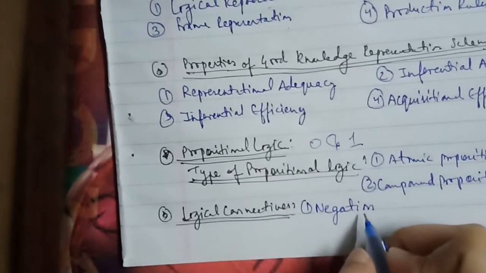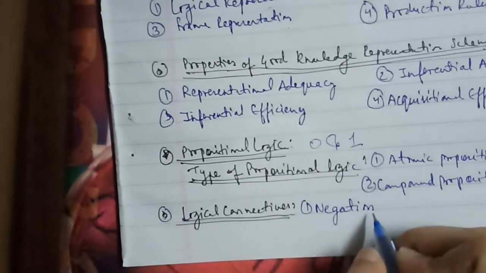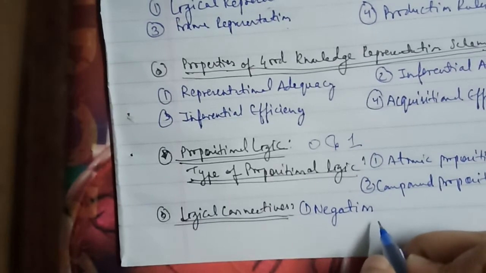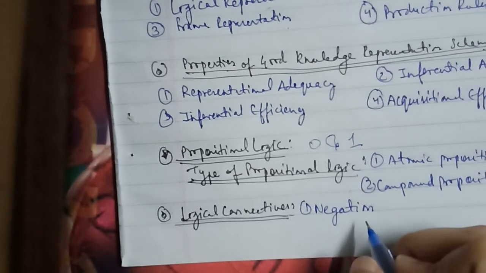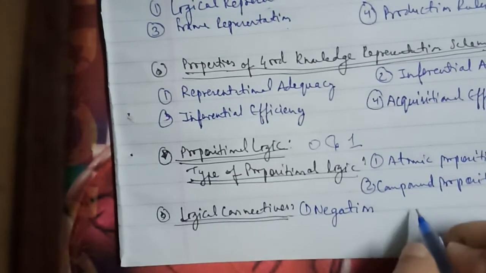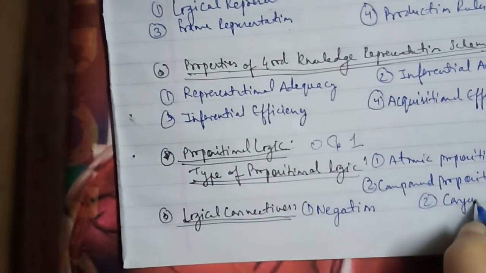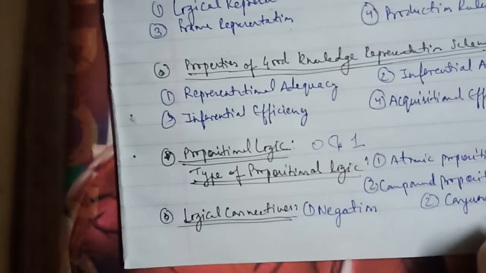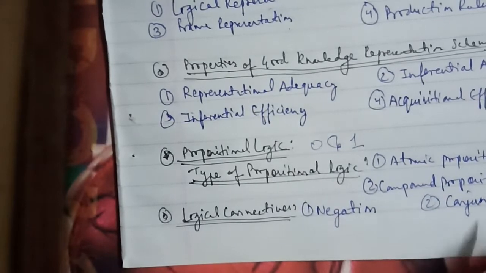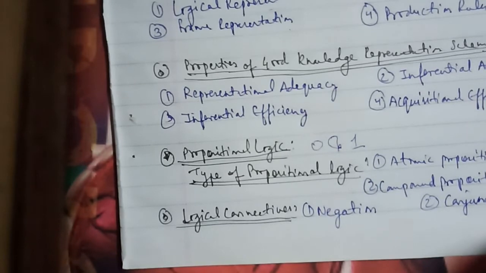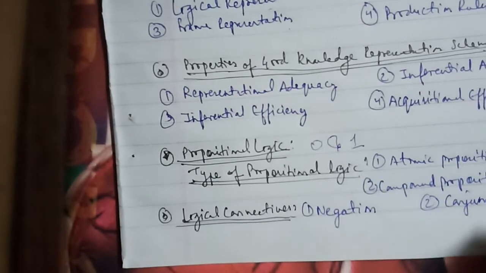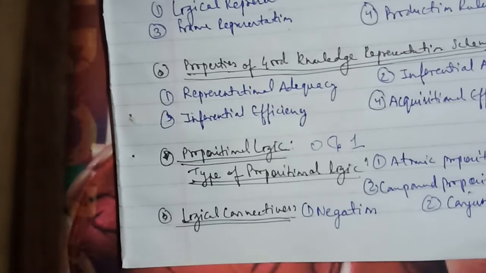In negation, a sentence such as not P is called the negation of P, which can be either a positive literal or a negative literal as well. The second we have is conjunction. In conjunction, a sentence which has the connective such as P and Q is called a conjunction.